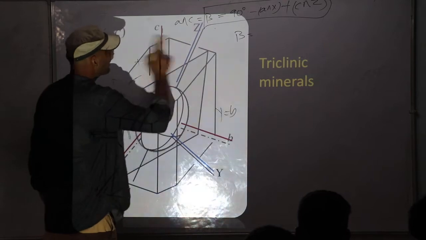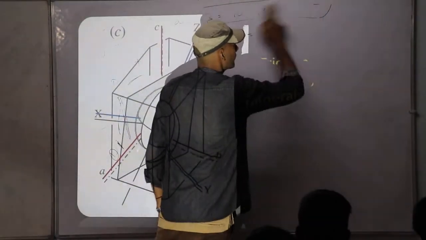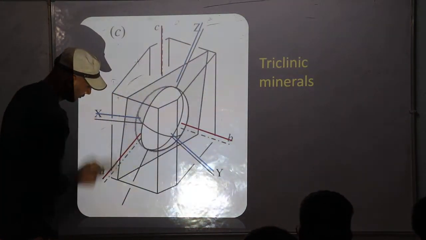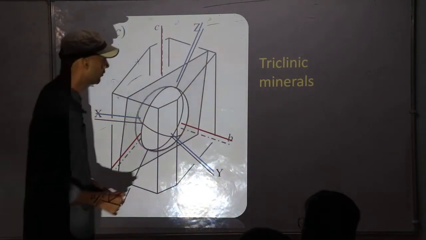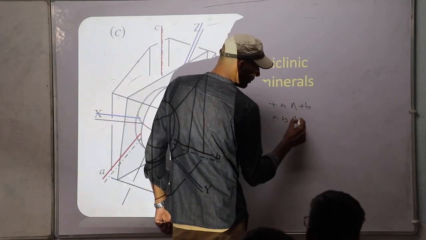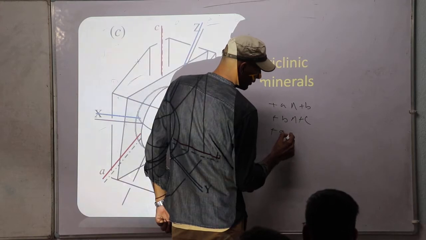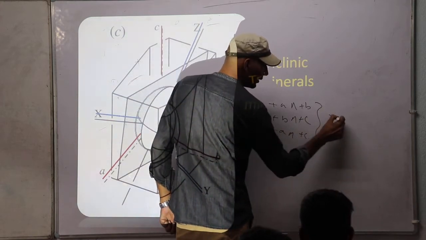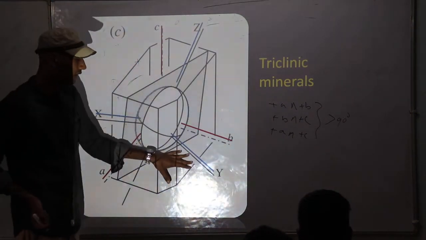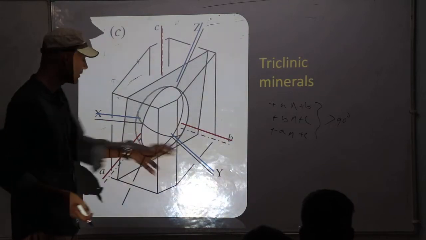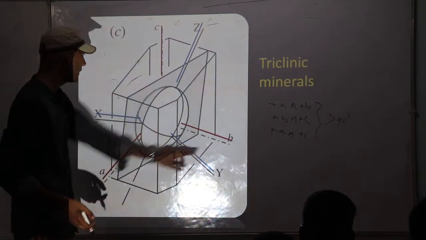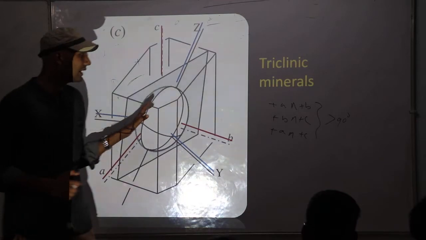The positive ends of the axes, that means plus A, plus B, plus B, plus C, plus A, plus C, all are obtuse angles. So none of the indicatrix axis, X, Y and Z, are coinciding with A, B and C. Okay, this is for triclinic minerals.